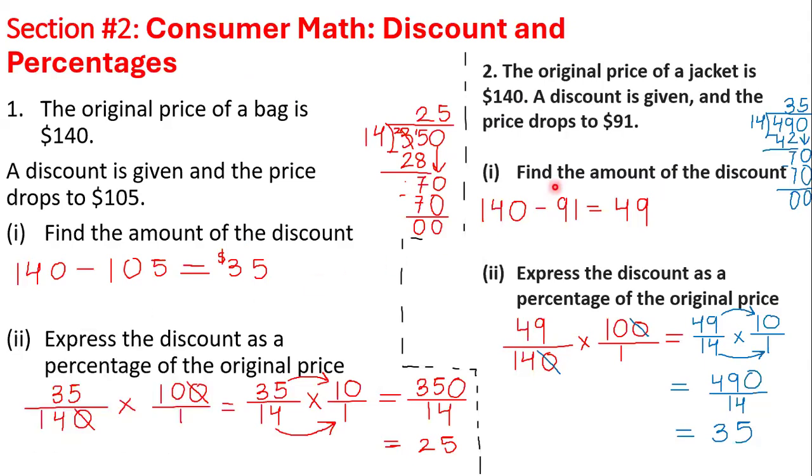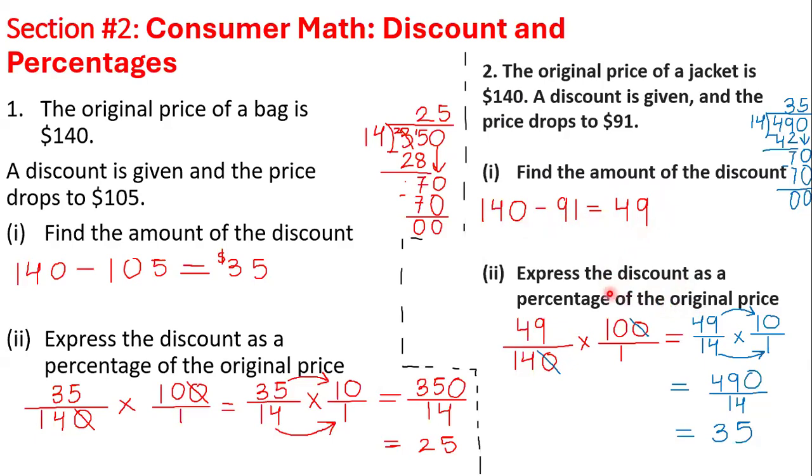All right. So Arion, how did I get the 49? What did I do? Okay. You subtracted 140 minus 91. That gives me what? 49. Good. Now it says express the discount as a percentage of the original price. How did I do that? What did I do?